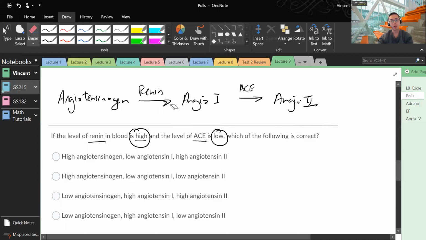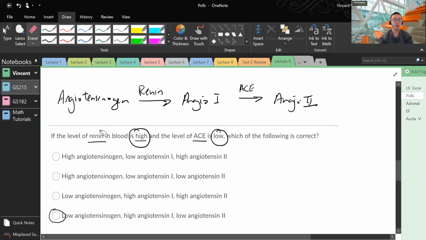Basically, we have a bottleneck here, or we cannot go forward because we don't have enough ACE. So the correct answer is this one. Low angiotensinogen because all of it gets converted into number 1, but then we're stuck at number 1. Only a little bit gets converted forward because we have low ACE. Does that make sense?